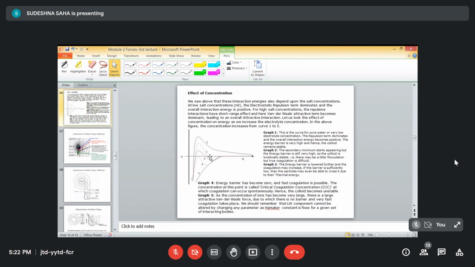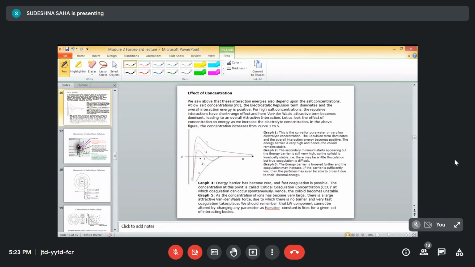In this case the colloid is kinetically stable, and there might be a little flocculation. In case 3, the energy barrier is lowered significantly further, and coagulation may increase if particles can overcome this energy barrier, which is of the order of 15 kT. It is sufficiently low that most of the particles may overcome this barrier.